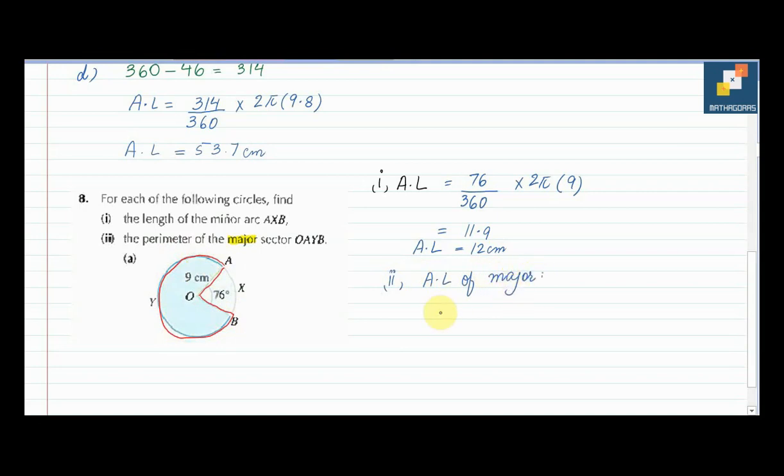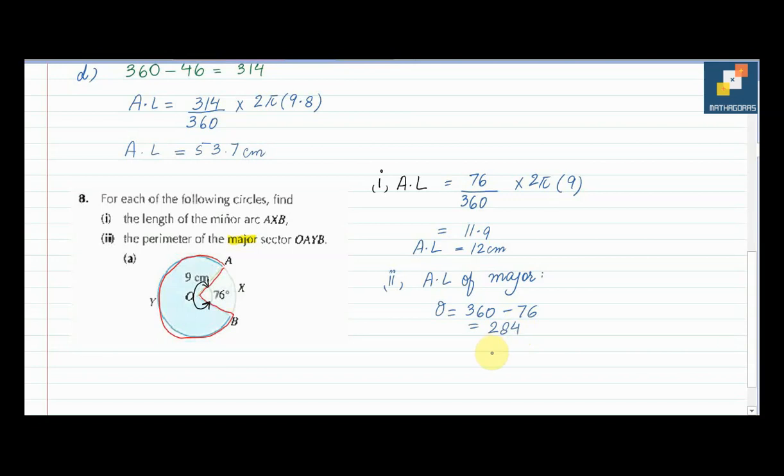So to find the arc length, first you need to know the angle. If I highlight it in your figure, that is the angle of the major sector, and it will be 360 minus 76. When you subtract 76 from 360, it's 284.